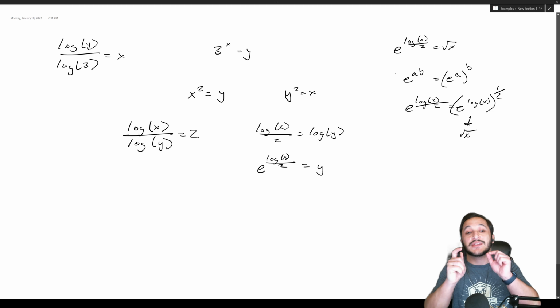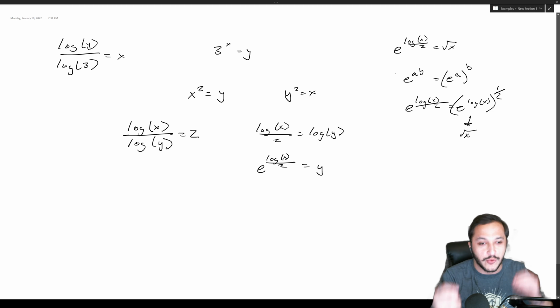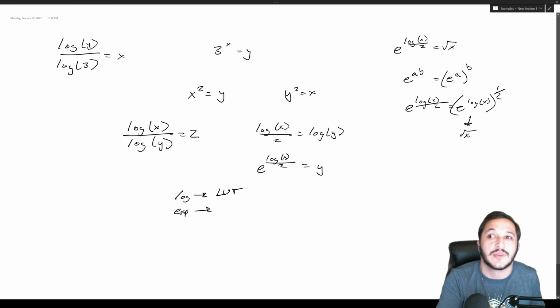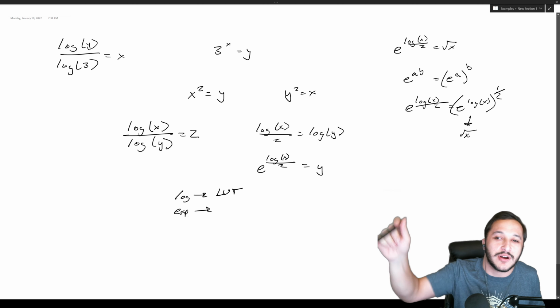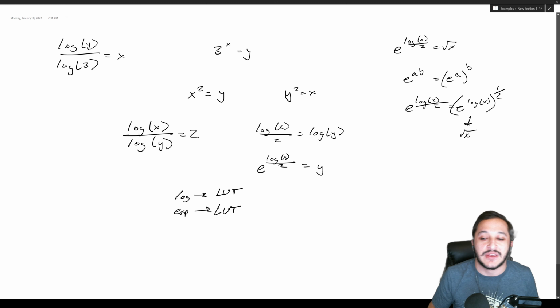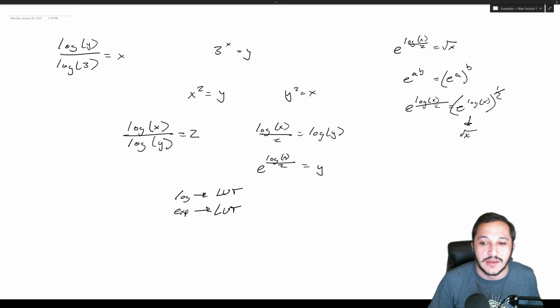And the reason that this is actually a really powerful method, or a really efficient method, is because in most computers, natural logarithms are stored in lookup tables, and exponentials, Euler's constant taken to the power of numbers, is stored in lookup tables, because the natural logarithm and Euler's constant to a power is an infinite series.